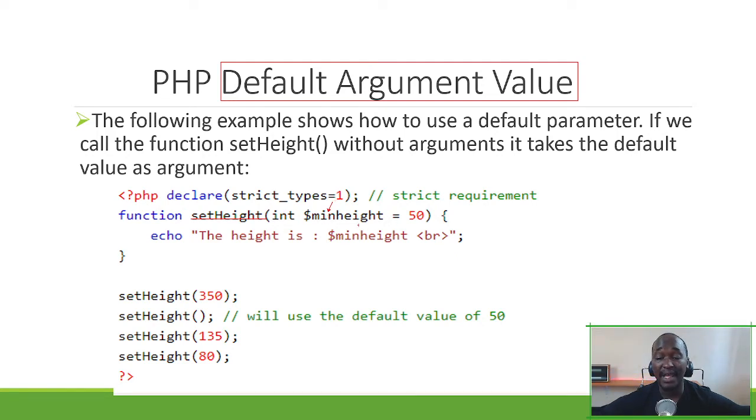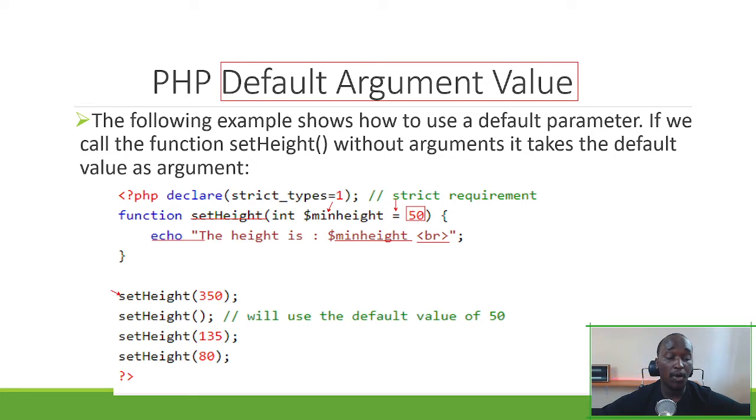But after declaring it, we've also assigned it using the assignment operator a value 50. Now look what happens. Inside the function, we are echoing the min height, then a break to force it to go to the next line.